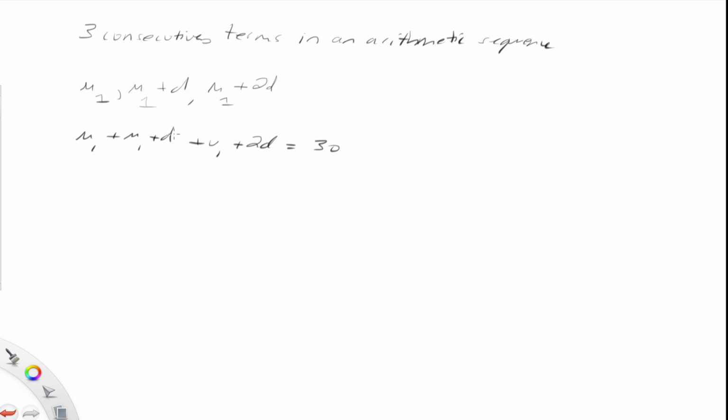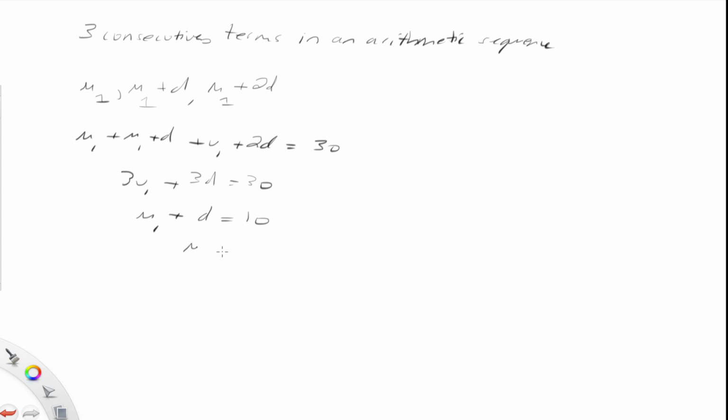So we can add the u1s together, so 3u1, and the d's together, so that's 3d, is equal to 30. And basically we can divide everything by 3. That will make everything much simpler. And so u1 plus d is equal to 10, because 30 divided by 3 is equal to 10, right?